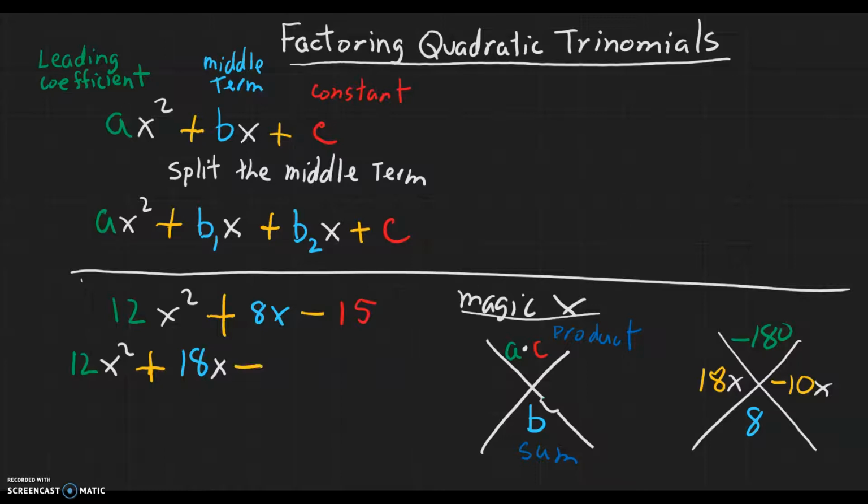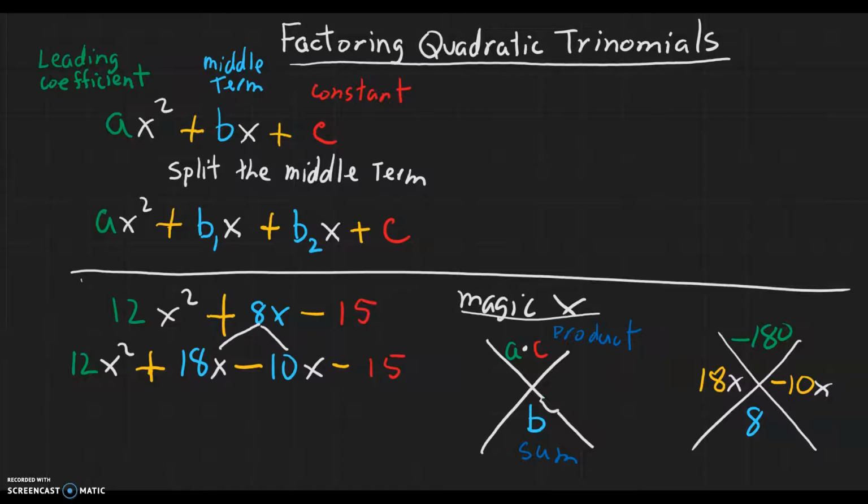Now it's minus because it's a negative 10x. You can say plus negative, or you can say minus 10x. And we still have that minus 15 for the constant. So you can see what we've done is we've split the middle term. The middle term was 8, and we split it into two pieces.